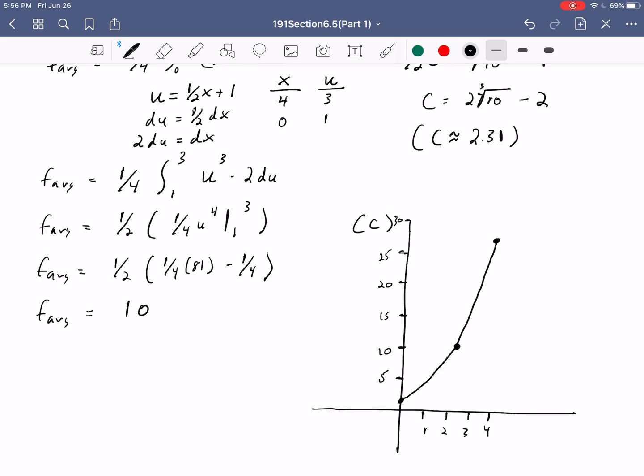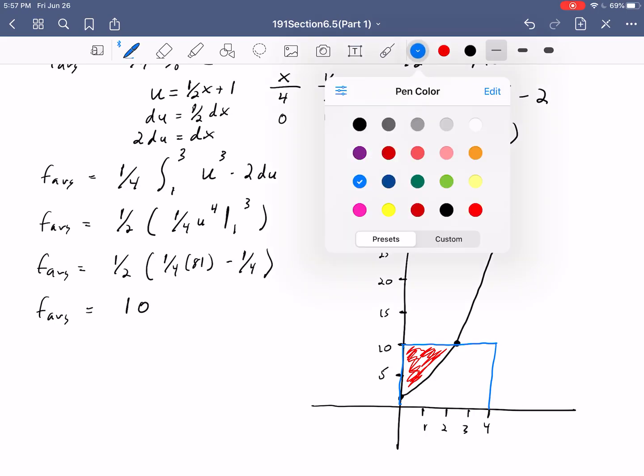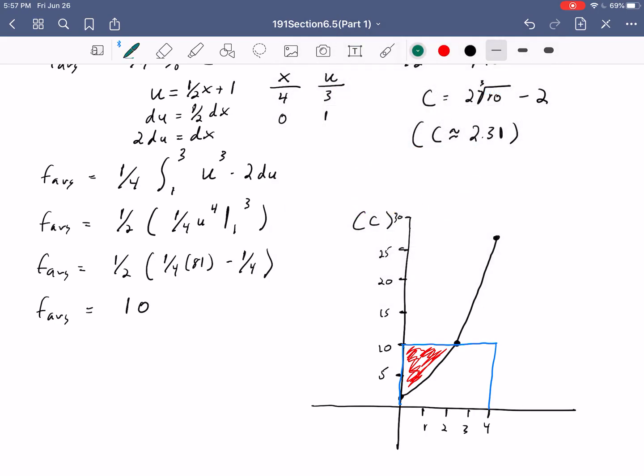Now, let's try to actually illustrate what's going on here. So we'll draw in our little rectangle over this interval, a rectangle on the same interval at the height of the average value. There we go. Then the area where our average value is overestimating our curve, this stuff in here, has to match identically the area where our average value is underestimating our curve.